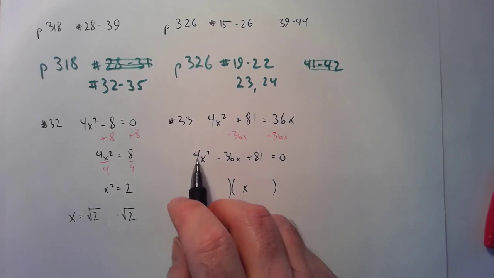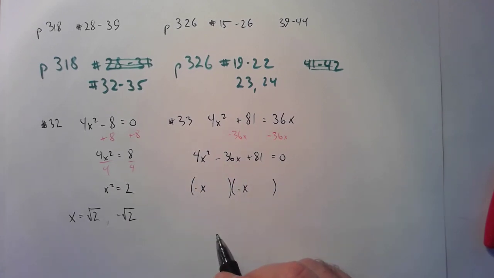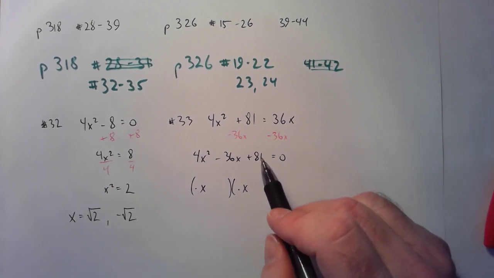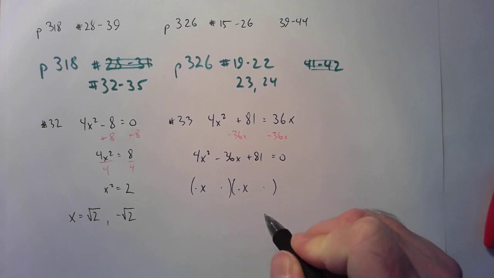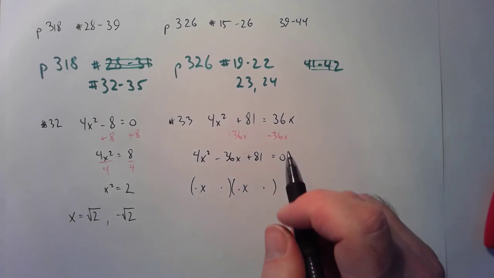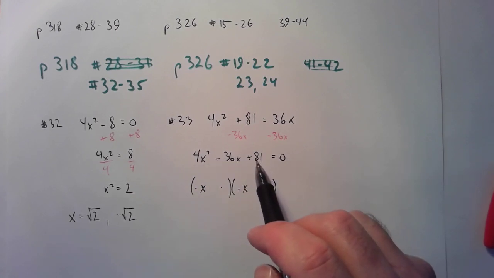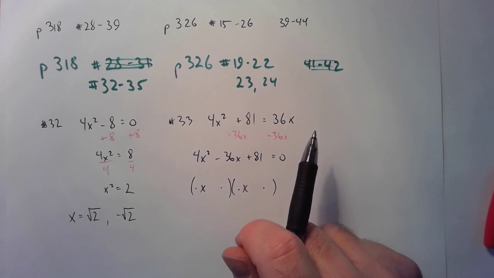However, since there's a 4 here, I've got options for what to put there. And since there's an 81 here, I've got options for what to put there. And I need to come up with some options that are not only going to give me 4 and 81, but are also going to give me negative 36.